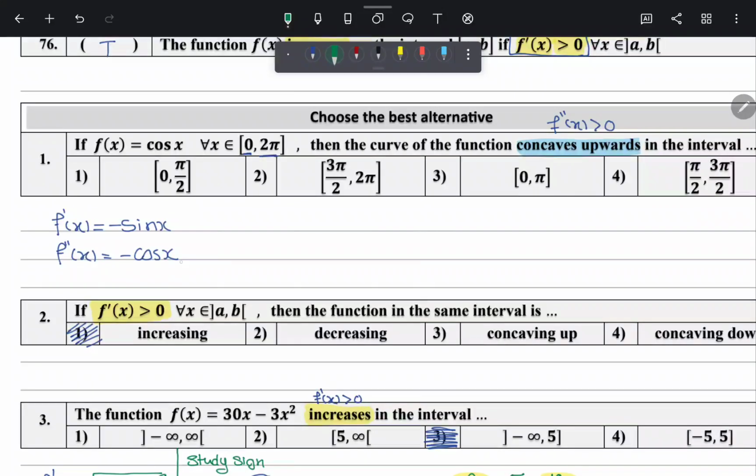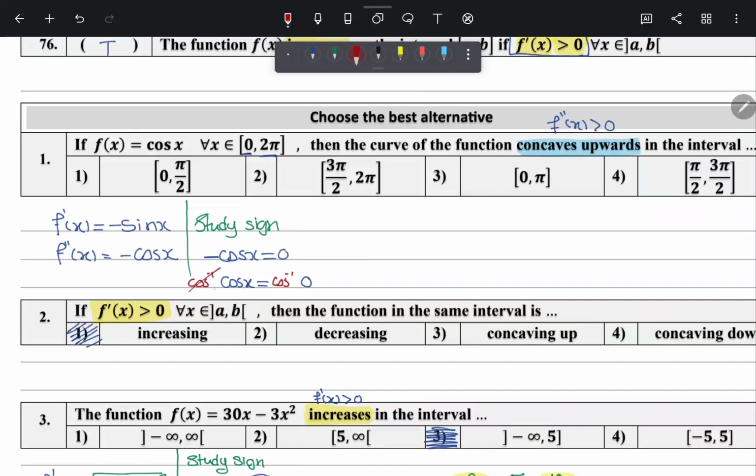There is x, so we need to study the sign. So put negative cosine x equal to zero. Study sign. So negative cosine x is equal to 0. And multiply by negative both sides. So cosine x is equal to 0. Now how do we remove the cosine? By using cosine inverse on both sides.